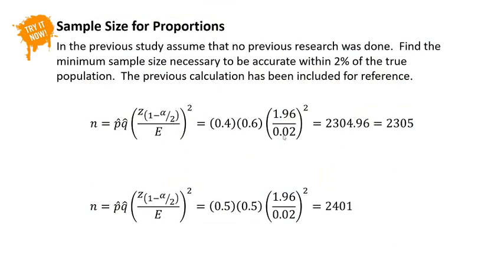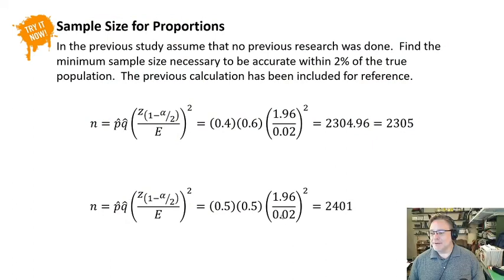Welcome back. Well, this was a problem in which you really didn't have to change very much from the previous problem. You already knew what the value of z was from the previous problem. That didn't change. You also had the same desired margin of error from the previous problem of 2%, 0.02.